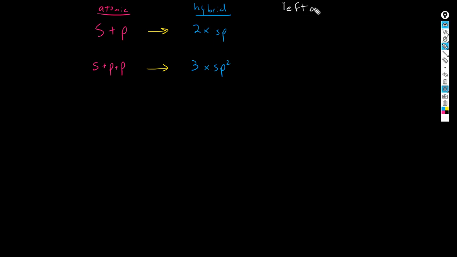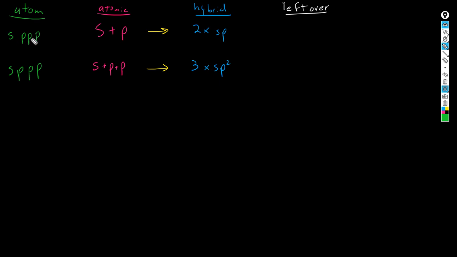Why? When we're talking about any atom here, that atom in the valence shell has an s and 3p orbitals. That's always going to be the case.